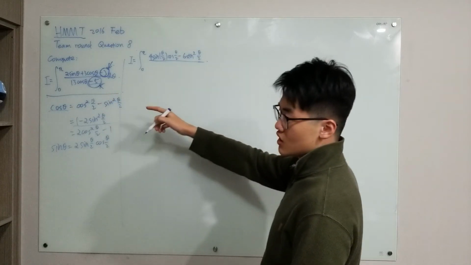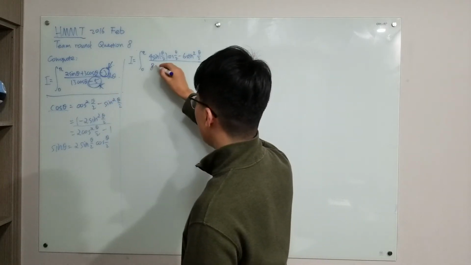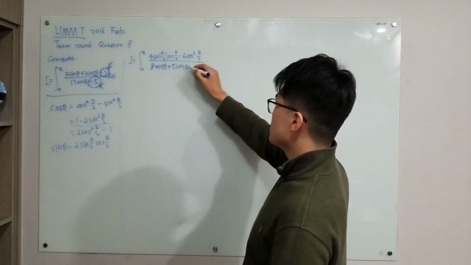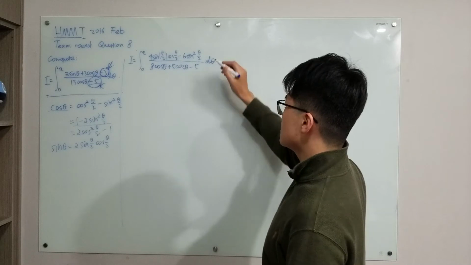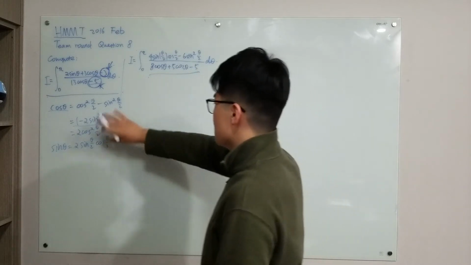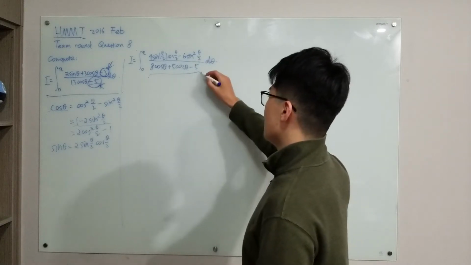On the denominator, because the term we want to eliminate is this, we separate the 13 cosine theta term into 8 cosine theta plus 5 cosine theta minus 5, and substitute those equations properly to eliminate this negative 5.